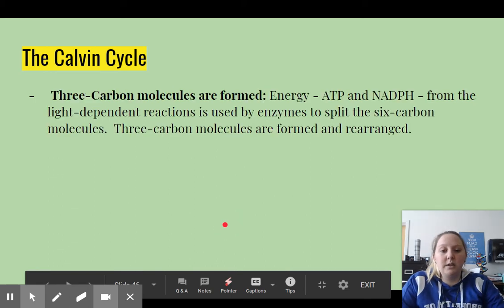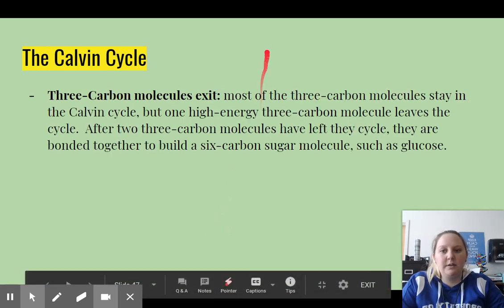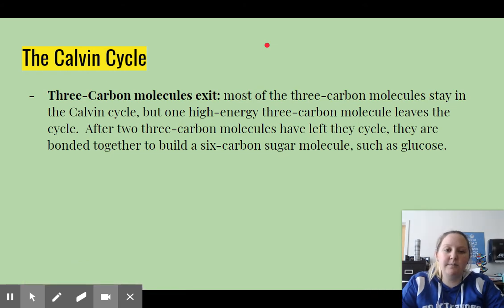Then energy from ATP and NADPH come in and break the 6-carbon molecule into 2 3-carbon molecules and rearrange them. They're rearranged, and one of them will be high energy. That high energy 3-carbon molecule will exit the Calvin cycle. It doesn't go very far, but it stays outside of the Calvin cycle. The other one stays inside of the Calvin cycle.